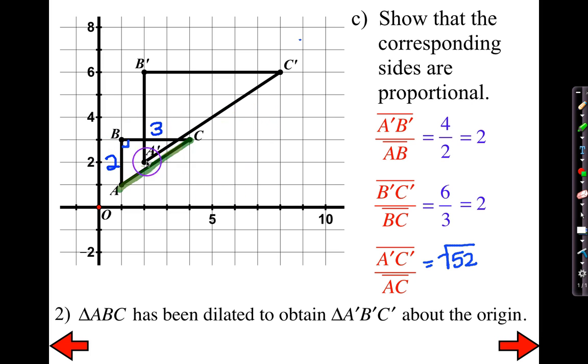So applying the Pythagorean theorem to find this missing length, I'm just going to call it F. I'll put 2 squared plus 3 squared equals F squared. 4 plus 9 equals F squared. 13 equals F squared. Take the square root of both sides, and I'm going to come to the conclusion that F here is the square root of 13.